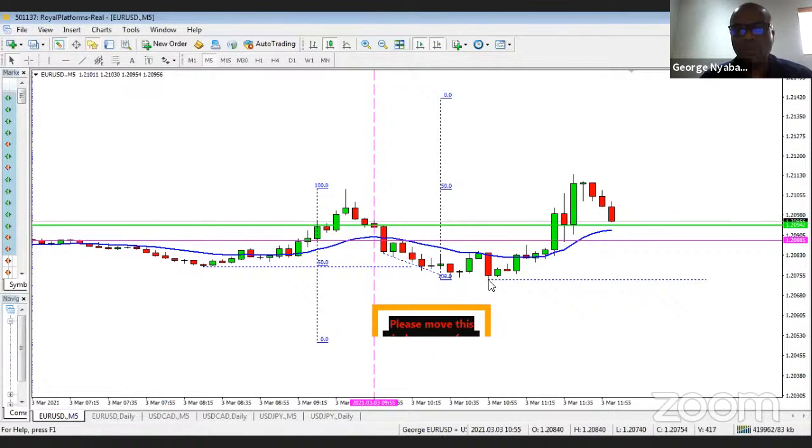Then we had a double bottom, and I was looking to see if I could get a higher low somewhere within this region, but we didn't get that, so I didn't take the trade. Well, there was no trade for me to take because it's the bottom of a trading range.